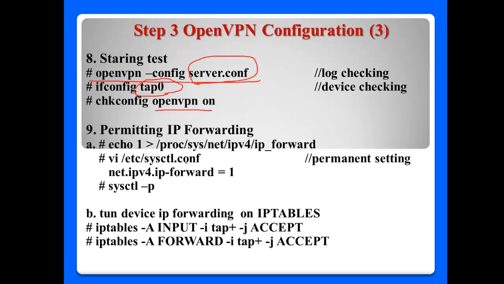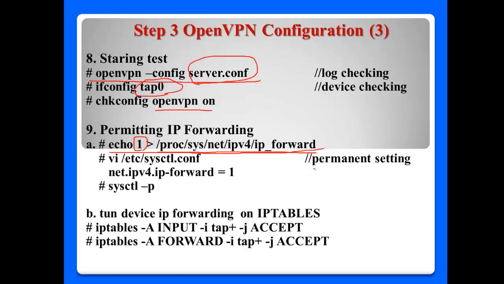Normally, OpenVPN must activate this feature using this command. Echo 1 means activate or permit, 0 does not permit, to /proc/sys/net/ipv4/ip_forward. But this configuration will only be temporary.